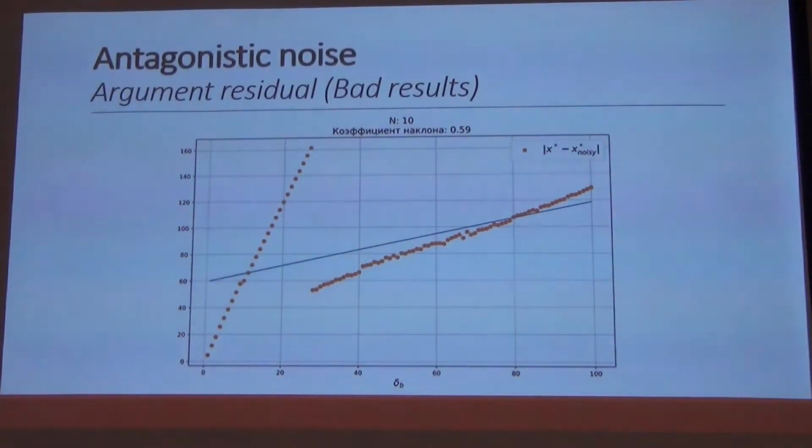The blue line is the attempt to build the line using the least squares method. So in this situation, we can see two different lines: from delta from 0 to about 30, and from 30 to 100.